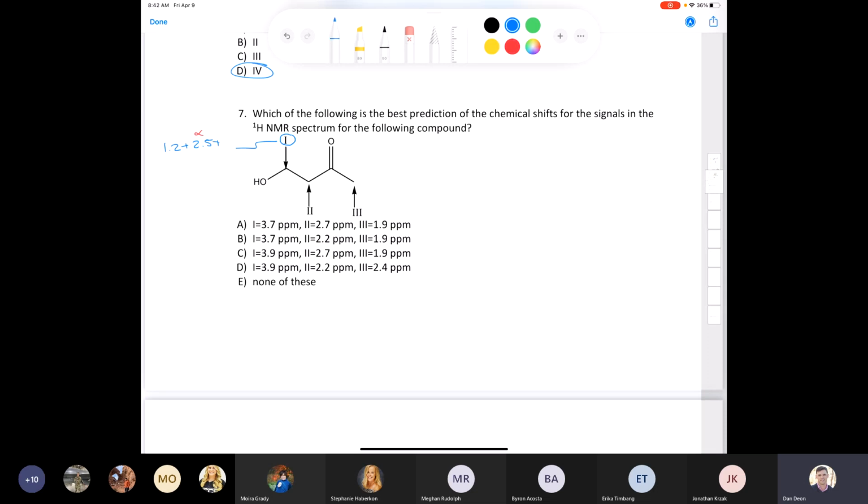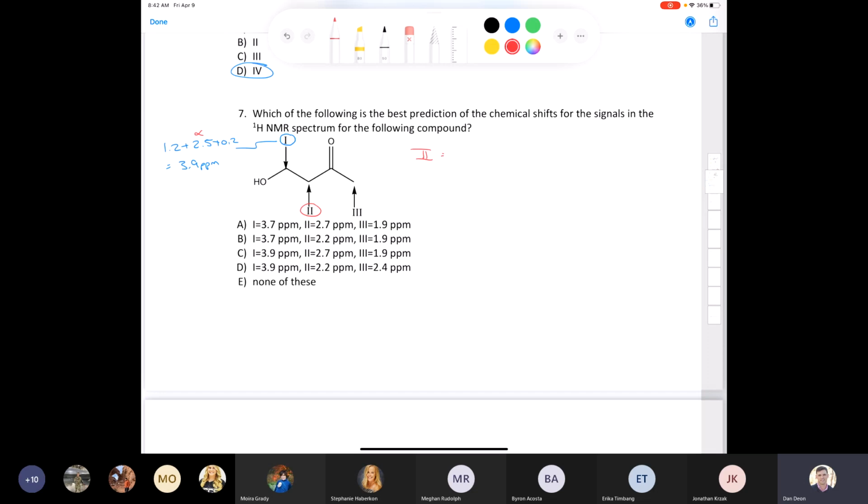Then you notice that it's beta to the carbonyl, and so I have to add 1/5 of 1 to that, which would be 0.2. So that's 1.4 plus 2.5, so that gives me 3.9 parts per million. The next one, I'll just do it over here. So number 2, what's the chemical shift of number 2?